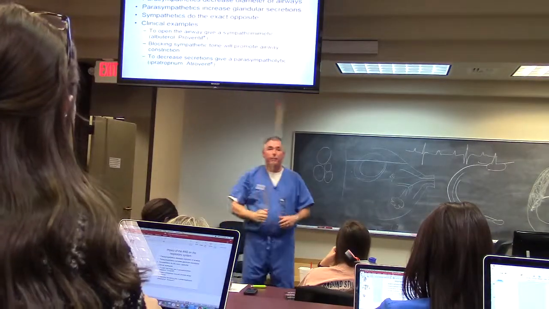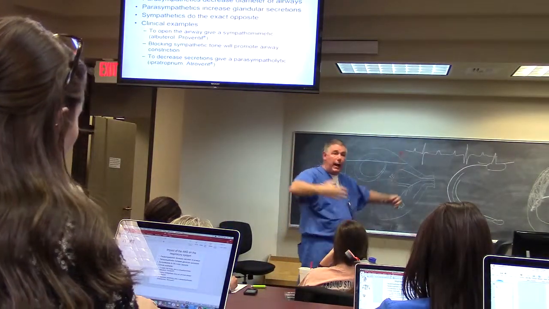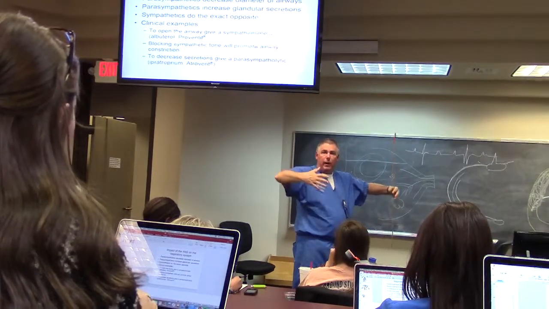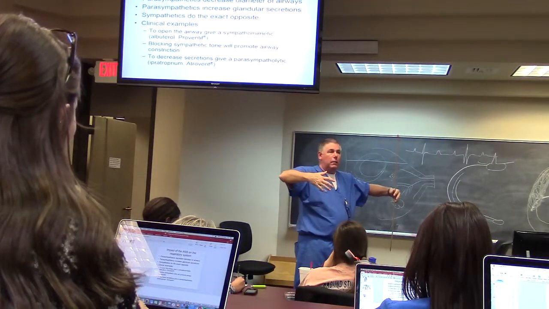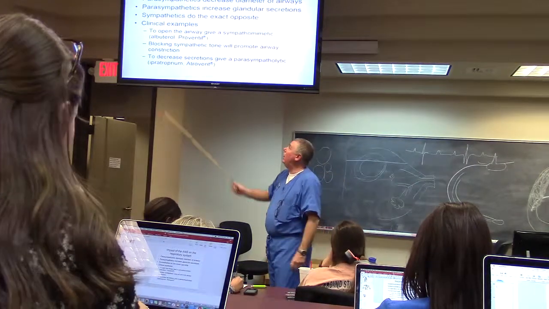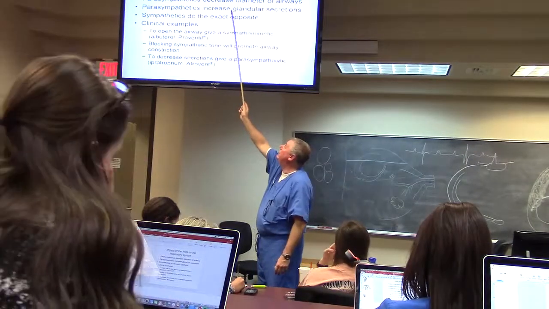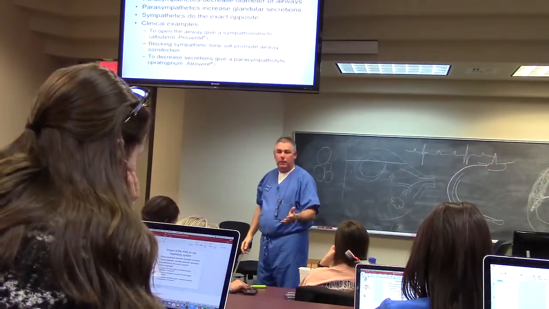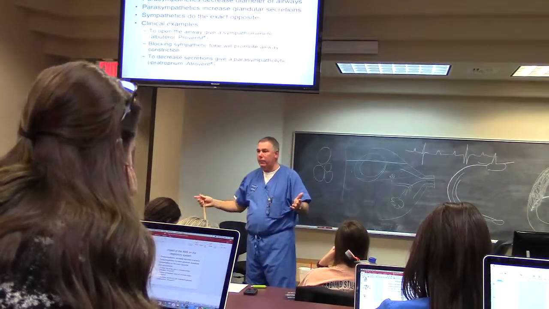So if you're fighting or flighting, you want to move air. You want to dilate your trachea, right, in your primary bronchi. Right. So parasympathetics also increase glandular secretion, where sympathetics decrease glandular secretions. We know that, because that's what happens almost everywhere.